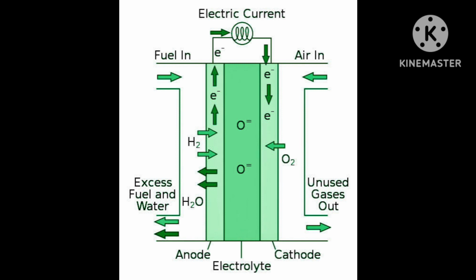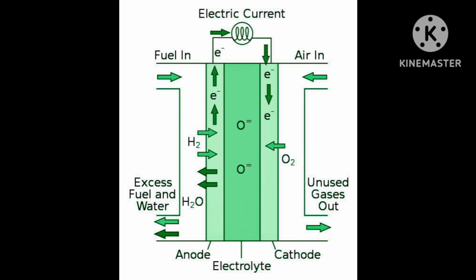Galvanic cells that are designed to convert the energy of combustion of fuels like hydrogen, methane, methanol, etc. directly into electricity or electrical energy are called fuel cells. What is the fuel cell?